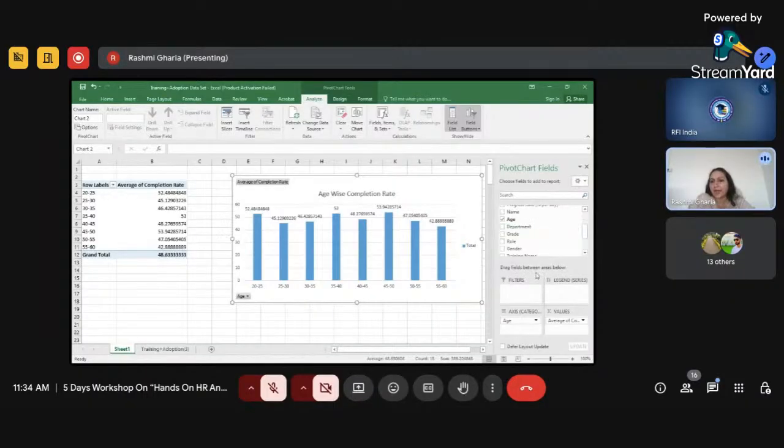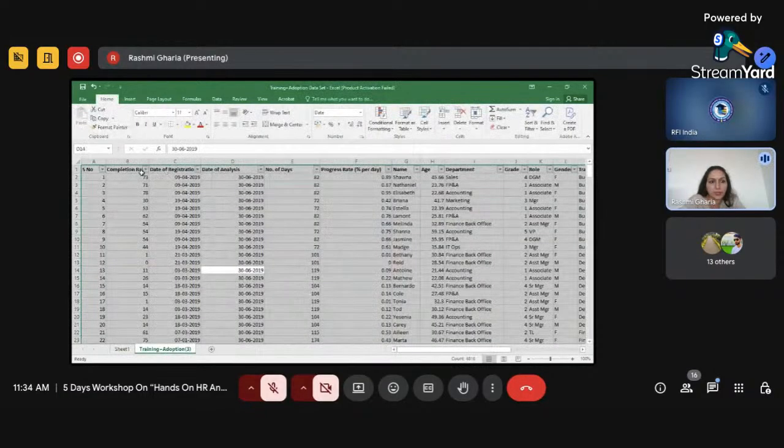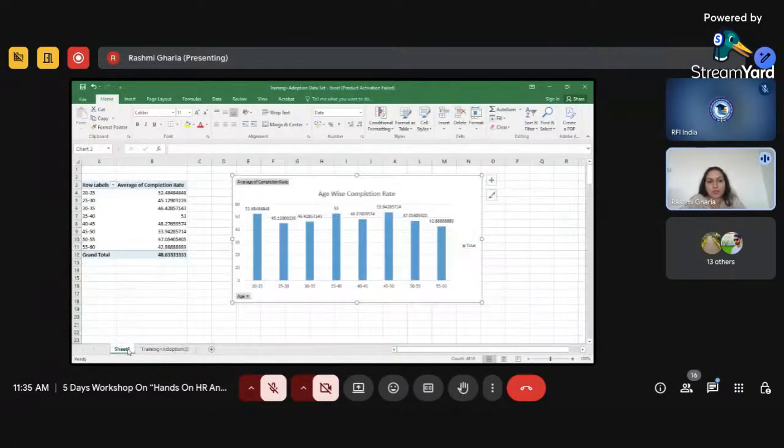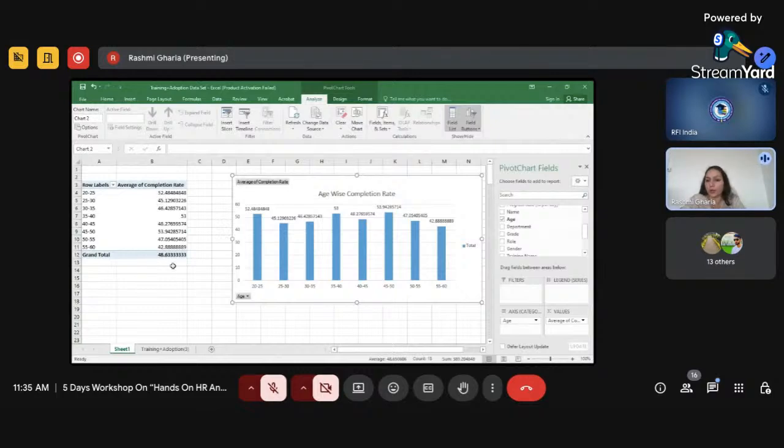What I have done is, we already have in the data sheet the data about the completion rate, and age is also given. Which age group, how much they have completed. So the average completion rate was calculated accordingly.